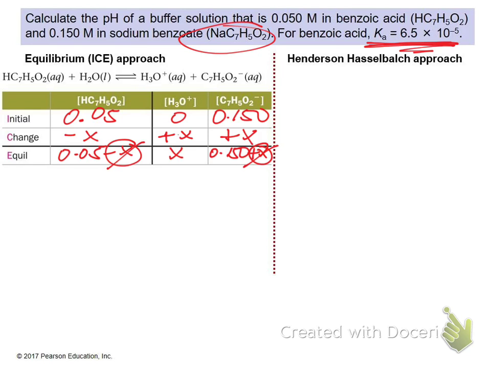Then you generate your Ka expression, which is the concentration of H3O plus times the concentration of the conjugate base divided by the concentration of the acid.